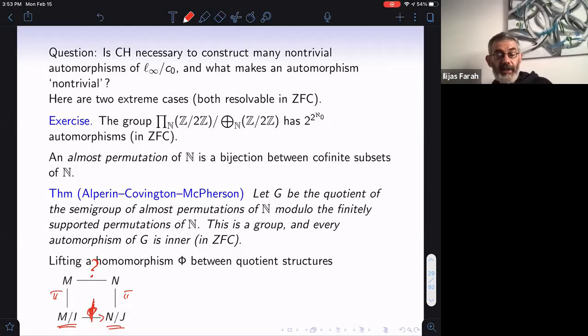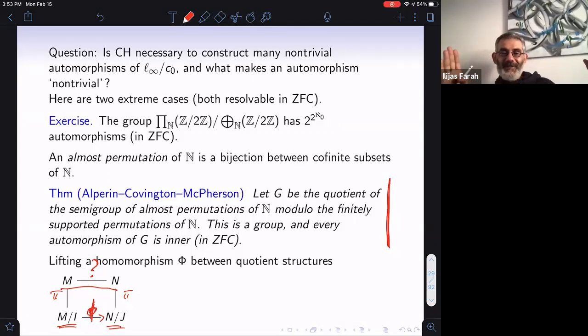In general, you may want to lift the isomorphism by something that actually agrees with your category, maybe an isomorphism between M and N, or at least a homomorphism. You see, lifting by an isomorphism is generally too much, which is clear from this example of Alperin, Covington, Macpherson.